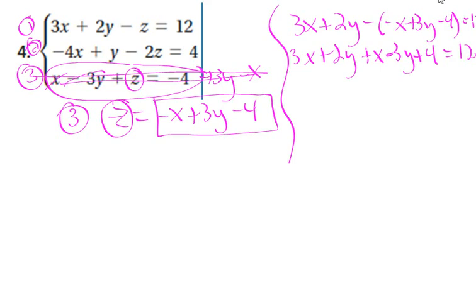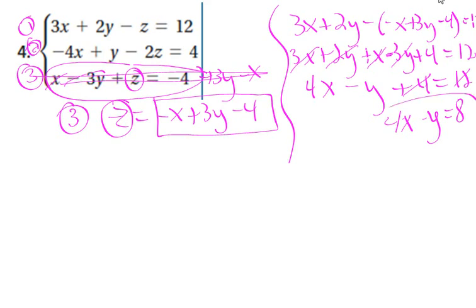Now combine our x's. 3x plus x is 4x. 2y minus 3y is a negative y, plus 4 equal 12. Subtract 4 from each side, and we get an 8. So we have 4x minus y equal 8. So there's equation 4.